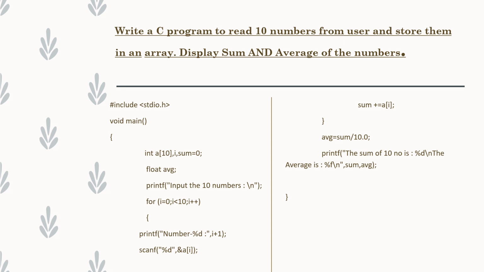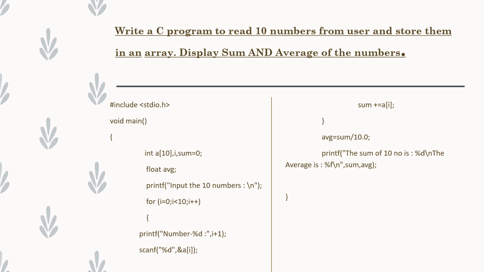Ampersand is the syntax of scanf to scan the value at the variable mentioned after the ampersand sign, that is your AND symbol, known as ampersand. Here I have written a[i], that means the first number which I enter will be stored at a[0]. Second number which I enter will be stored at a[1]. So till a[9] all the elements will get stored. So that is why I have taken a for loop for that.